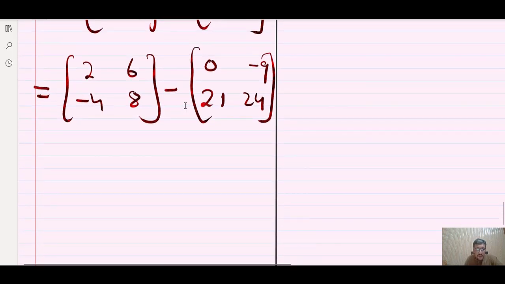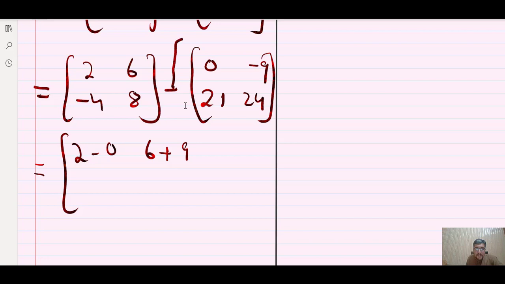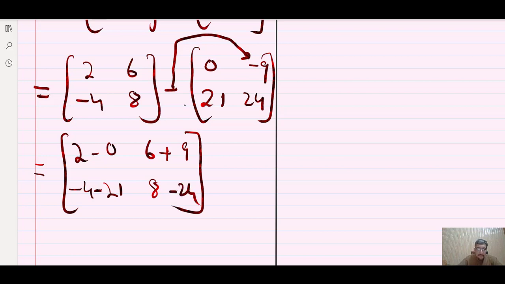Now you have to subtract these two matrices. So 2 minus 0, 6 plus 9. Why is it plus? This minus and this minus will become positive. So minus 4 and 21 plus 21, 8 minus 24.